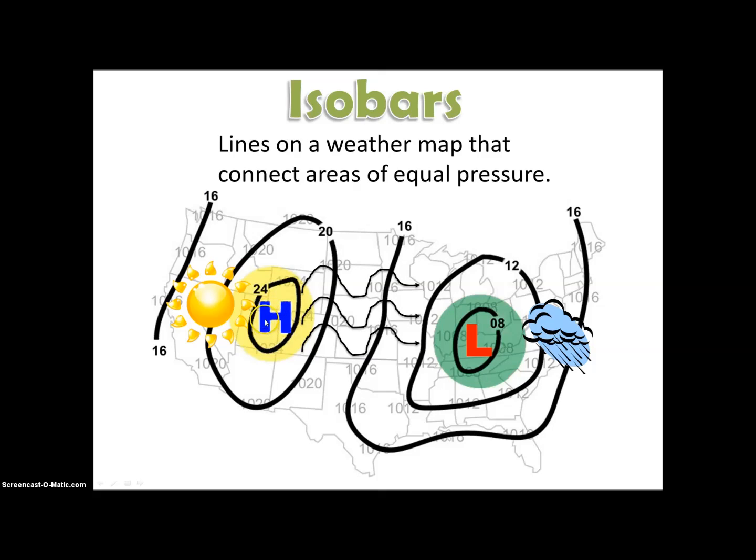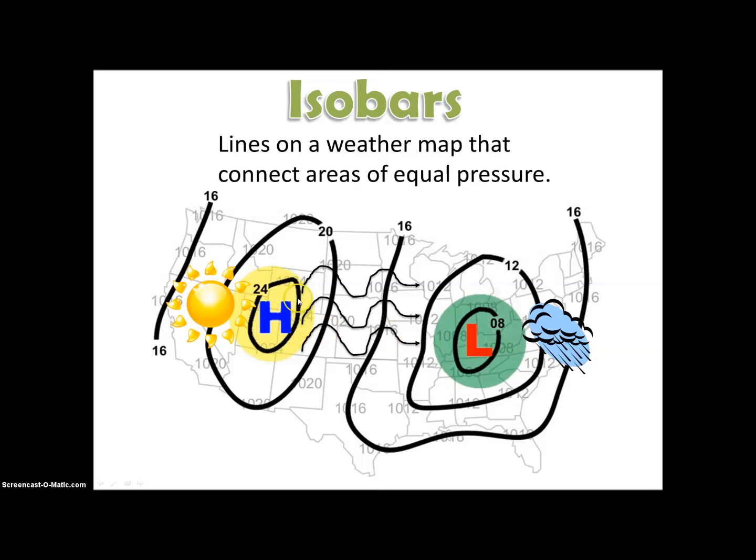This indicates it's a high pressure system with calm, more clear weather, which is why the sun's there. And then over here you'll notice the pressure does go down from 1016 to 1012 to 1008, and so the pressure's dropping. This indicates it's a low pressure system, so air is going to be rising, and if there's moisture, possible cloud formations, possible rain.